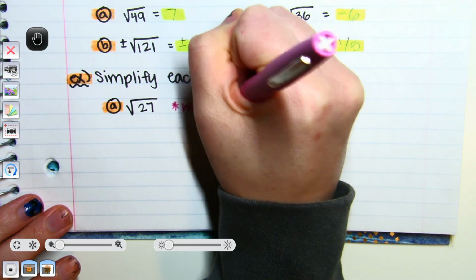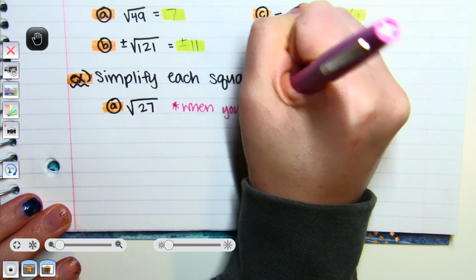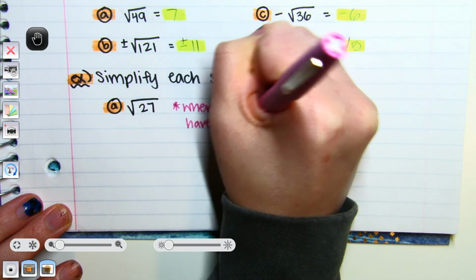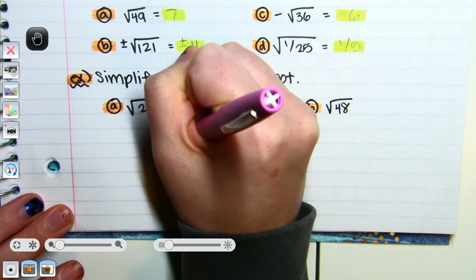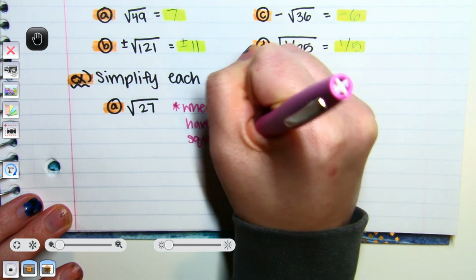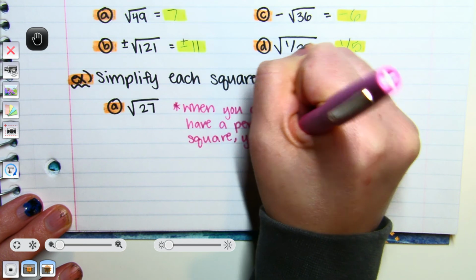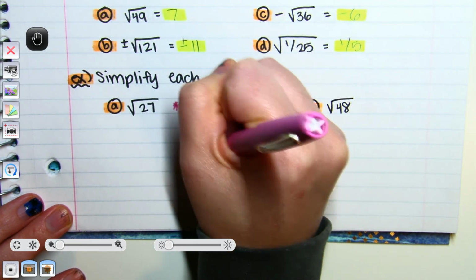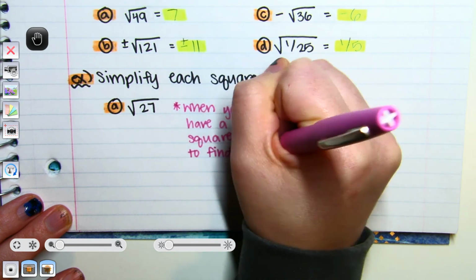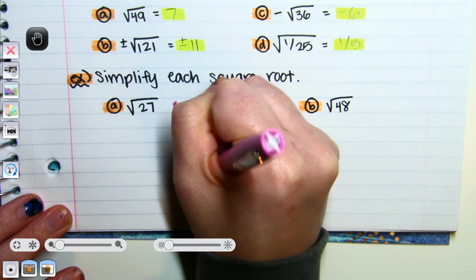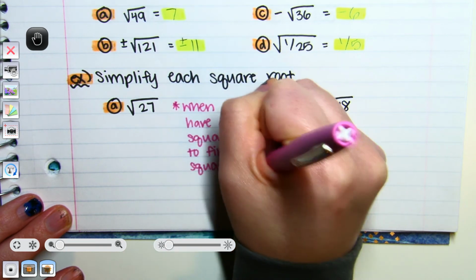When you don't have a perfect square, you have to find perfect squares within it.